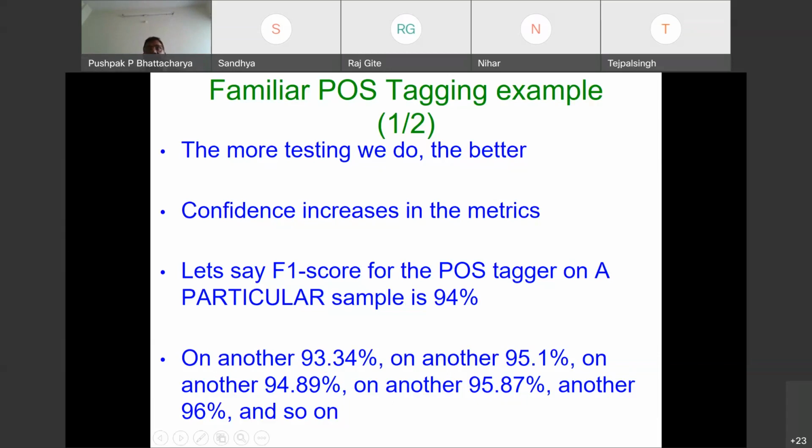Part of speech tagger has an accuracy of 95%. Because I observed 94%, then 93.34%, then 95%, 94.89, 95.87, 96%, and so on. So I'm developing a feeling that the part of speech tagging accuracy is around 95.